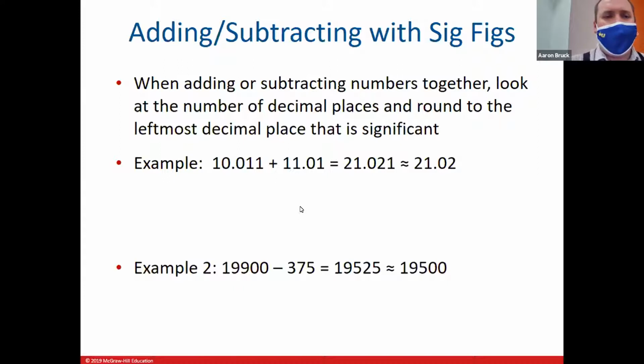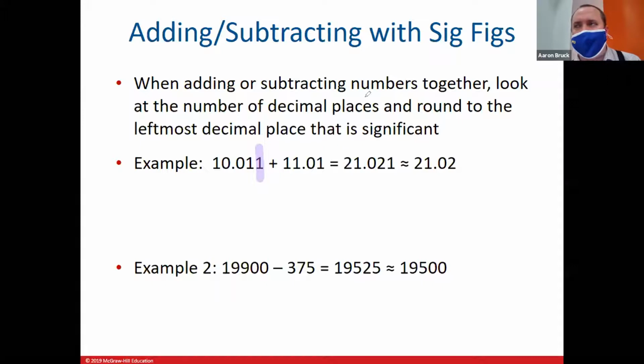So if I'm looking at this first example, I can see that my most uncertain digit in the first number is that one right there. The last number in any measurement is always the uncertain digit, the one that we have the least certainty on, the one that is the most estimated.